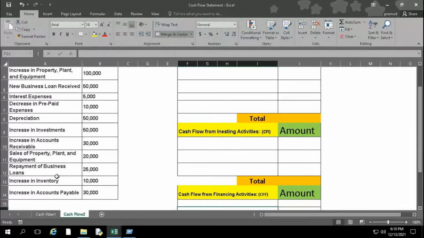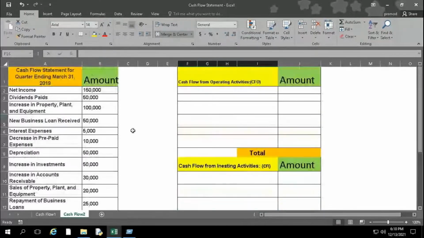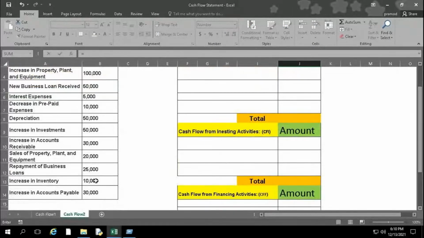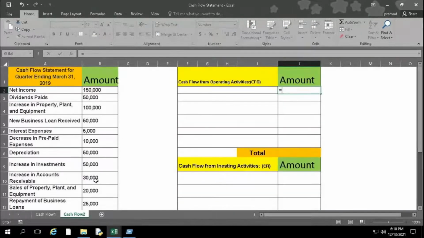One minute. Minus 5,000. Interest expenses, decrease in prepaid expenses, depreciation, increase in accounts receivables, and accounts payable. Increase in inventory. So which you have given minus and which you have not given, the positive, see the line.